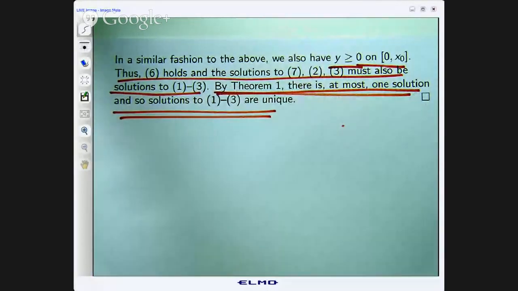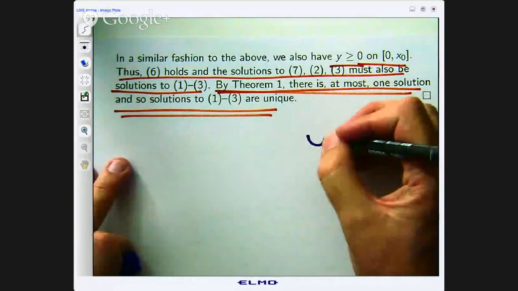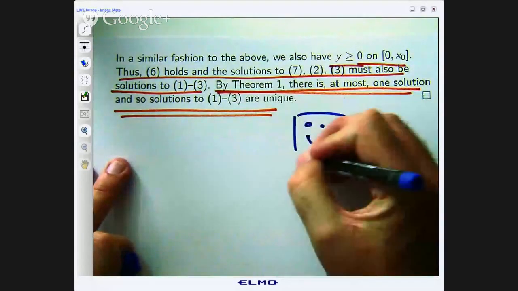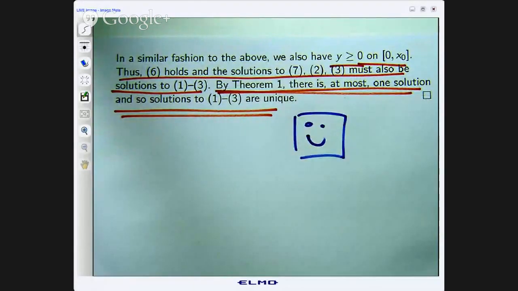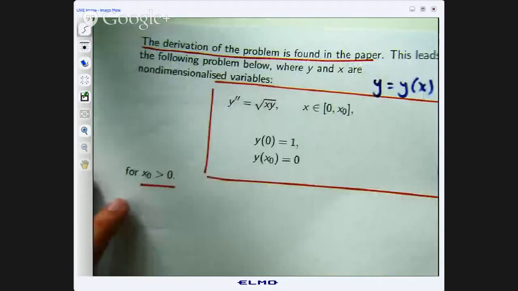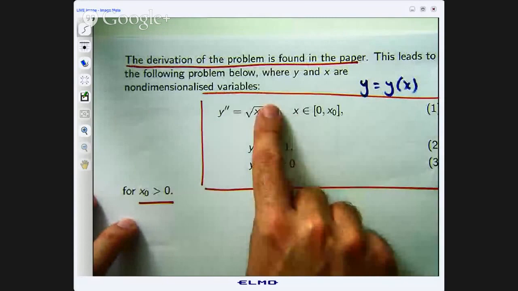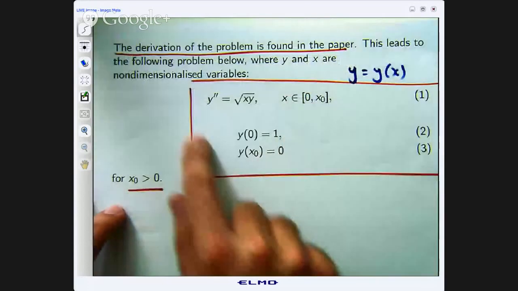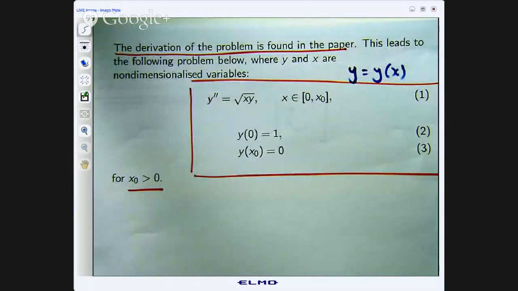Okay, so we're really happy because the original problem is once and for all shown to be well posed. The Thomas Fermi problem here has one and only one solution.